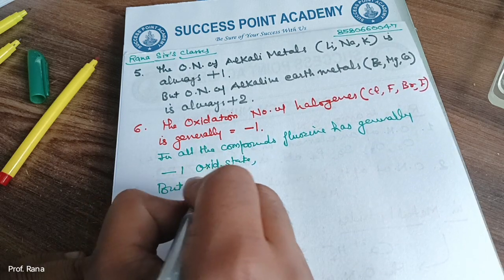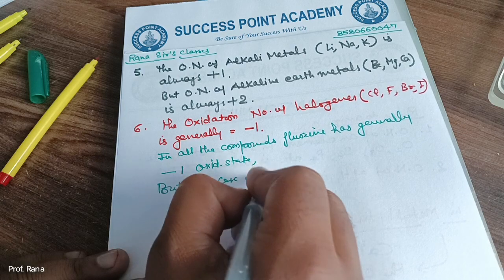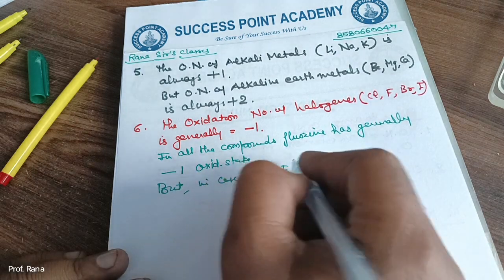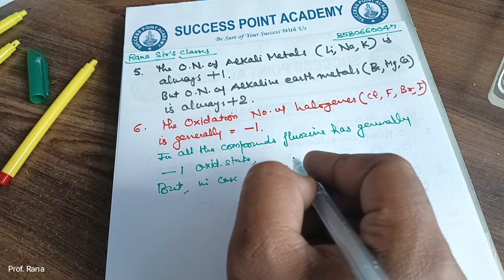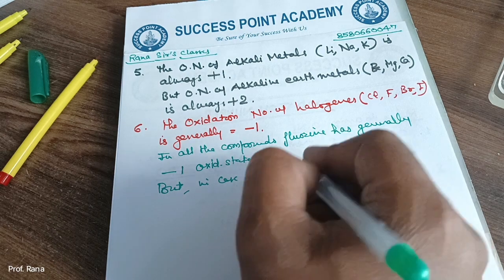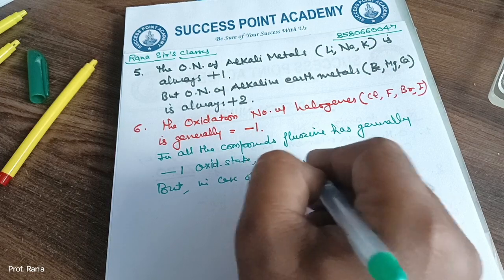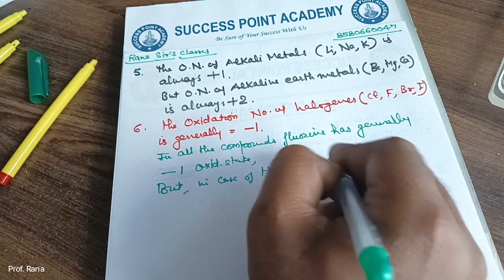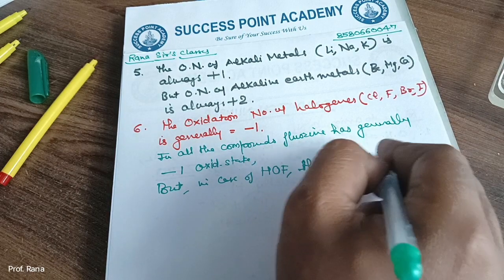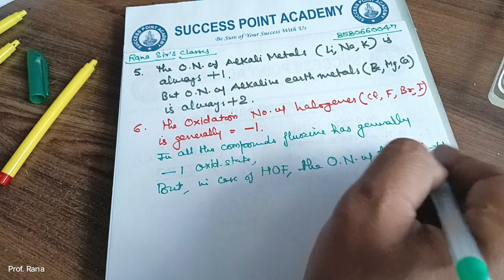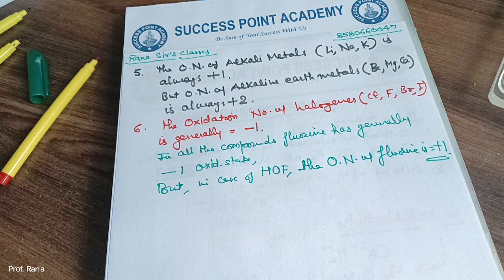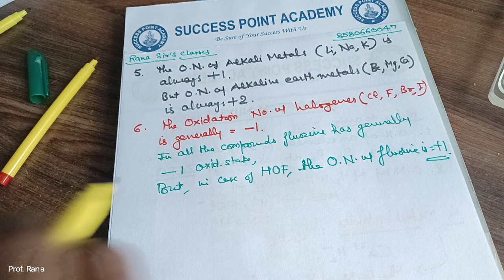But in case of HOF, remember, in case of HOF, the oxidation number of fluorine is +1. Remember this, it is +1. Okay, students, I think this information is useful.